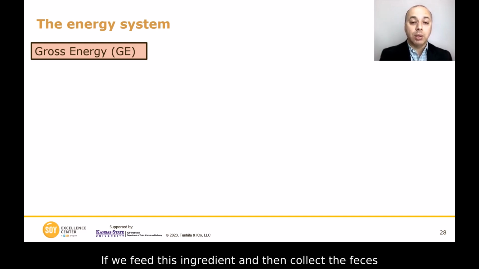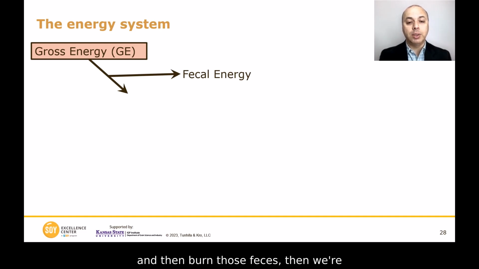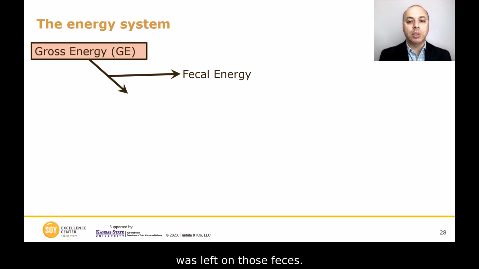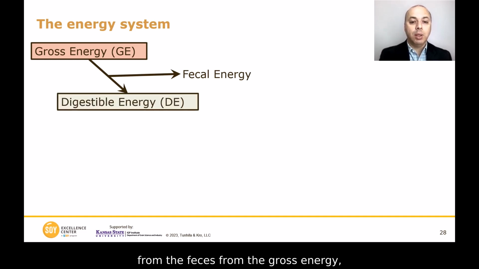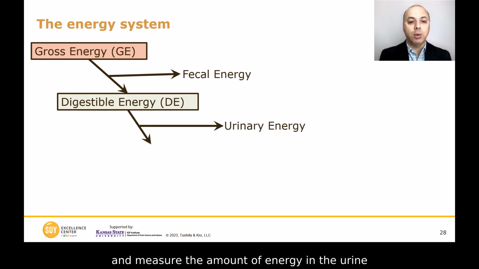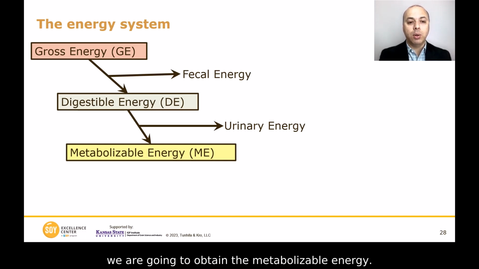If we feed this ingredient and then collect the feces and burn those feces, we're going to find out that there is a certain amount of energy left in those feces. If we subtract the energy from the feces from the gross energy, we obtain the digestible energy. If we do the same thing with the urine, collect the urine, measure the amount of energy in the urine and subtract that from the digestible energy, we obtain the metabolizable energy.